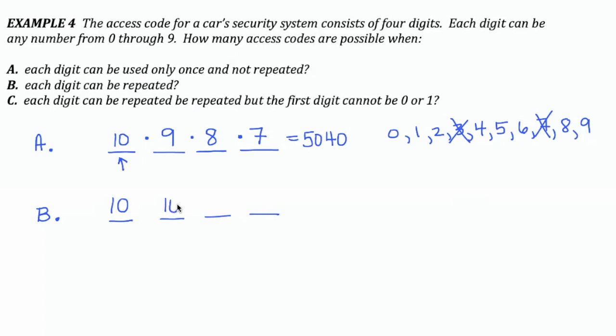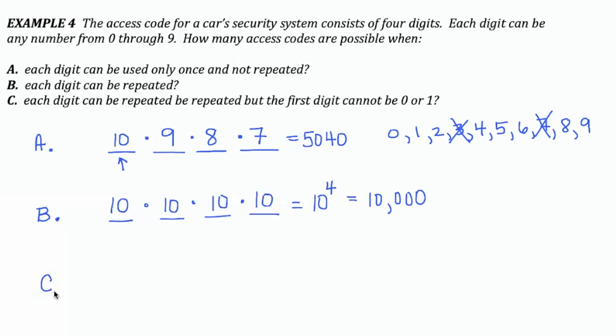So all the digits stay in play. Therefore, I'm going to multiply 10 times 10 times 10 times 10, or please realize that you can use exponential notation here. That's the same as 10 to the 4th power. And if you type that into a calculator, that's going to be 10,000. So I have many more choices if I allow repetition.